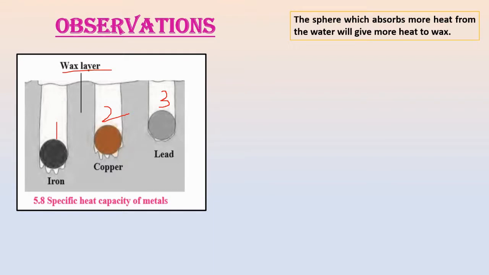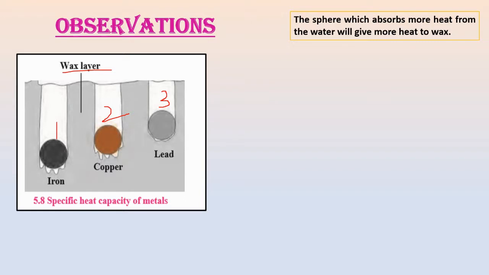So what do we see? The sphere which absorbs more heat from the water will give more heat to the wax. Firstly, we put all these 3 spheres in boiling water so that they get heated, and they have absorbed some amount of heat energy.